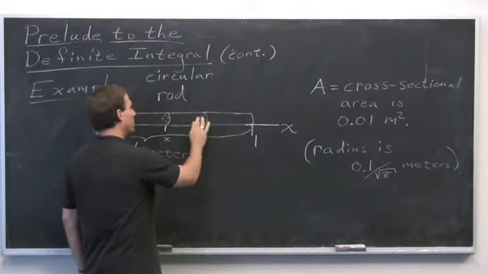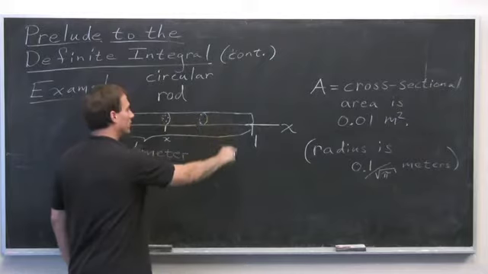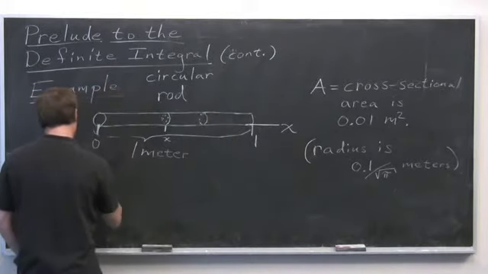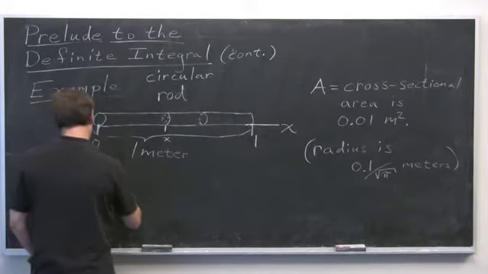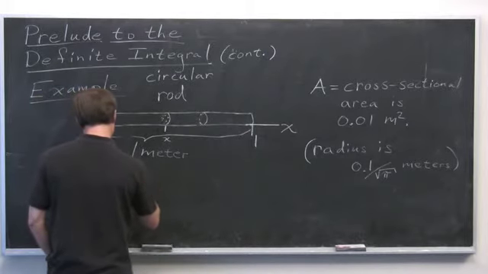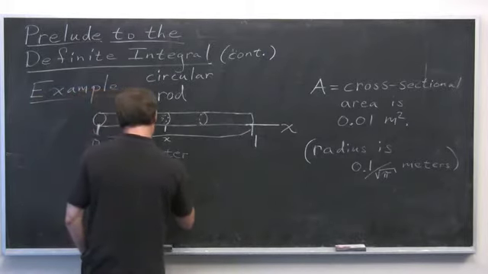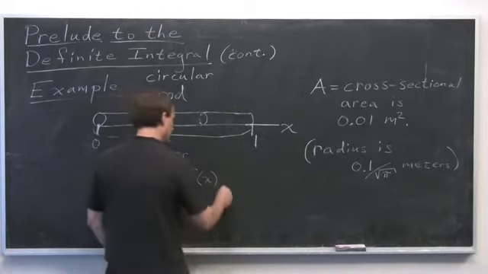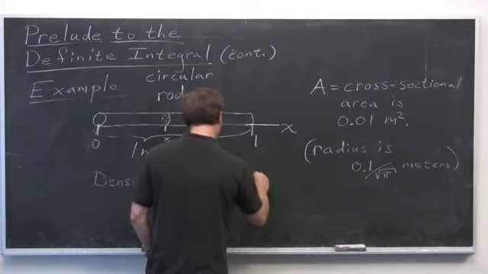So in fact, I'm going to have it be more dense as you move from left to right on the rod. So I'm going to assume that the density is given by delta of x, and it's just 1 plus x.